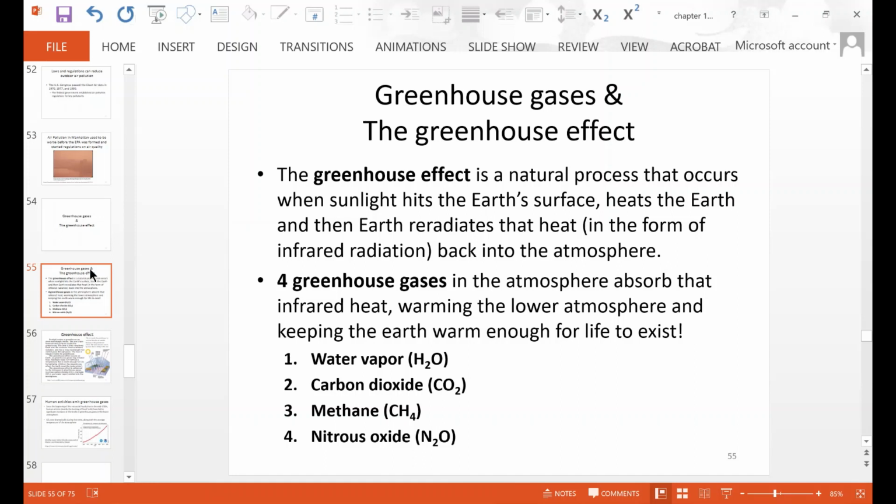There are 4 main greenhouse gases in the atmosphere, and those gases absorb the infrared heat, and that warms the lower atmosphere and keeps the Earth warm enough for life to exist. And those 4 main greenhouse gases include water vapor, carbon dioxide, methane, and nitrous oxide.